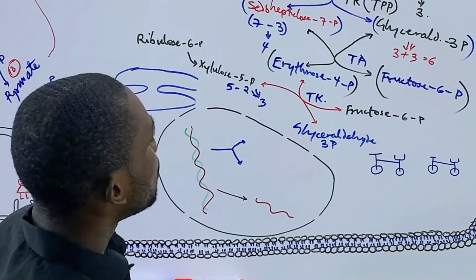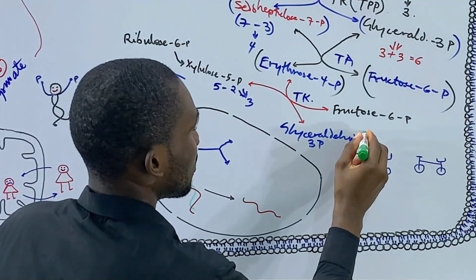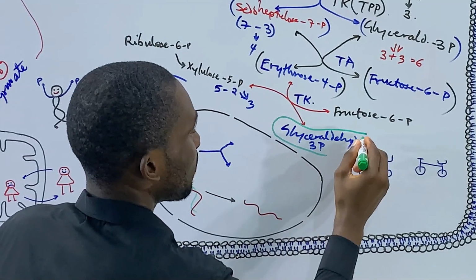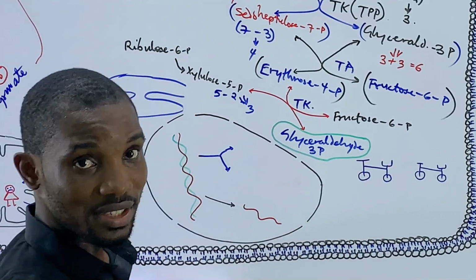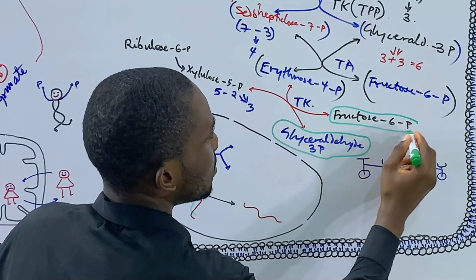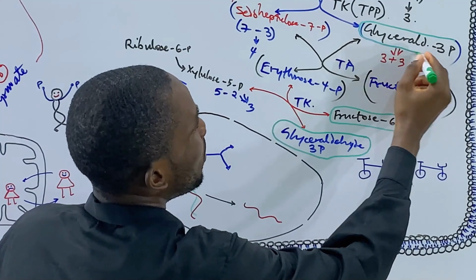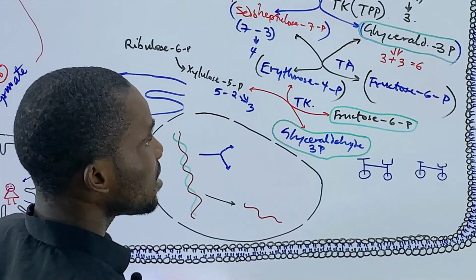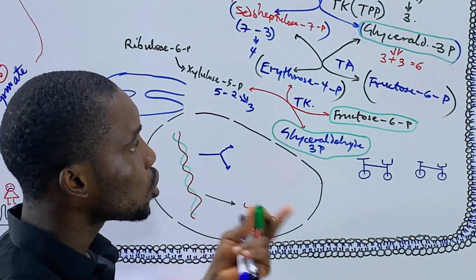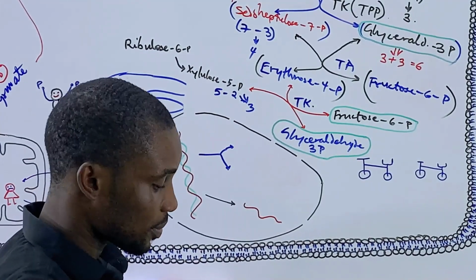However, you should know that all these ones, like the glyceraldehyde, can go into where? Glycolysis. The fructose can go into glycolysis. This is another glyceraldehyde which can go into glycolysis. So depending on the body's need, these sugar phosphates could shunt into the glycolytic pathway.